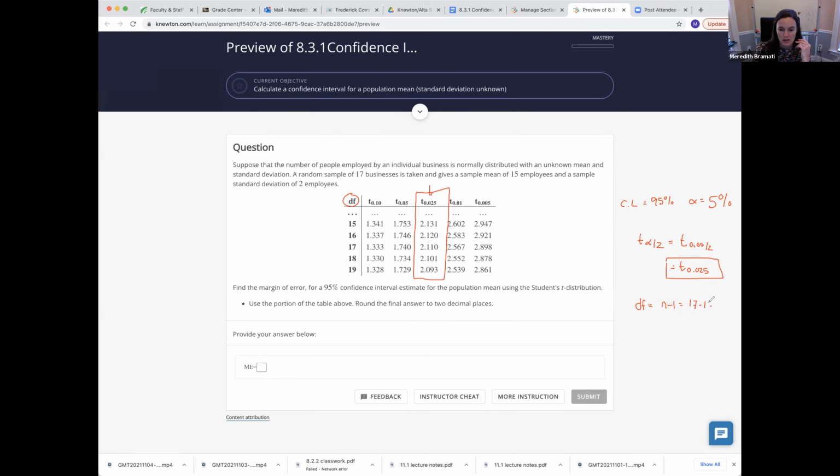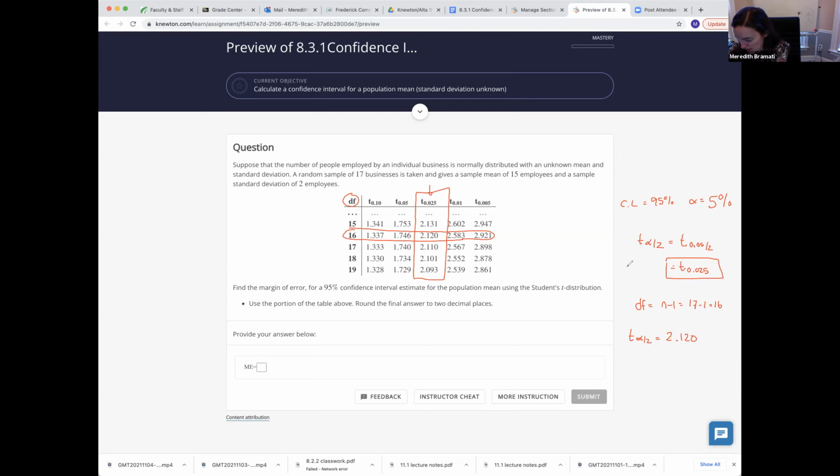So minus 1 equals 16, right? So I would look for 16 and I would see where they match up. And I would get my T alpha/2 value to be 2.120 from the chart.